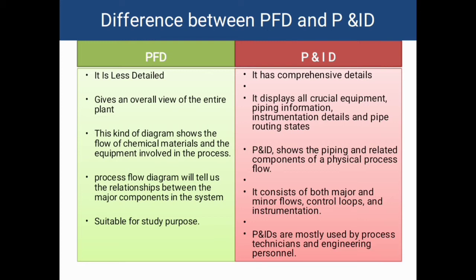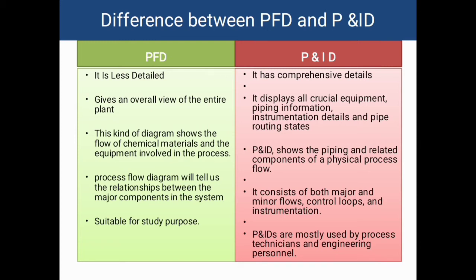P and ID will tell you everything. The PFD gives an overall view of the plant. The P and ID displays all crucial equipments, piping information, instrumentation details, and pipe tagging, instrument number, equipment number. Everything will be detailed in the P and ID.